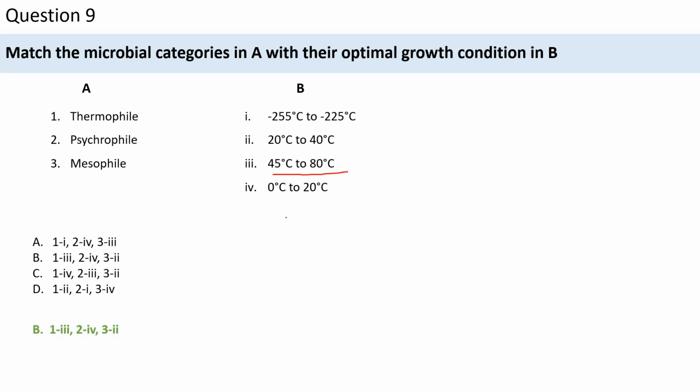Psychrophiles are the organisms that grow between 0 and 20 degrees Celsius. Whereas mesophiles grow at normal room temperature, something like 20 to 40 degrees Celsius. So the answer is B.